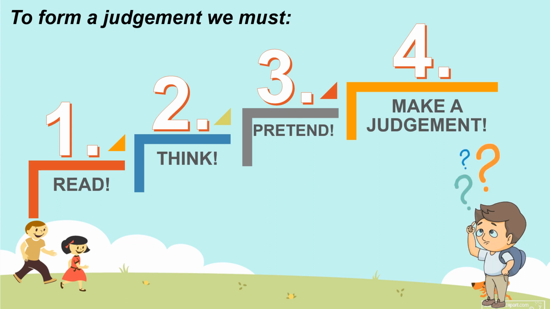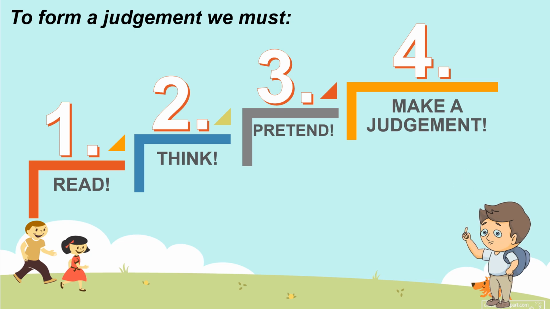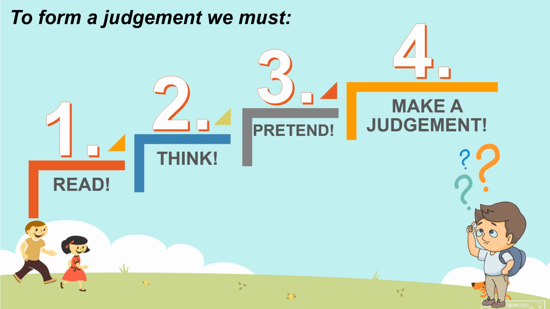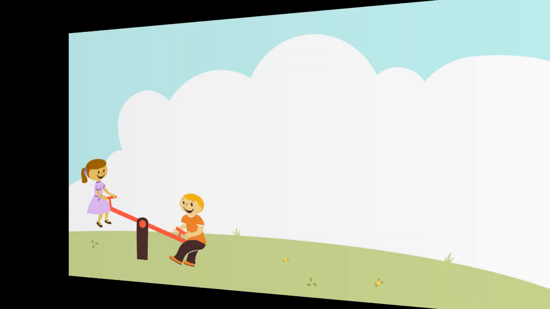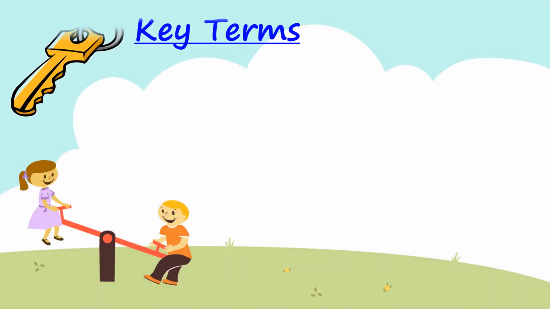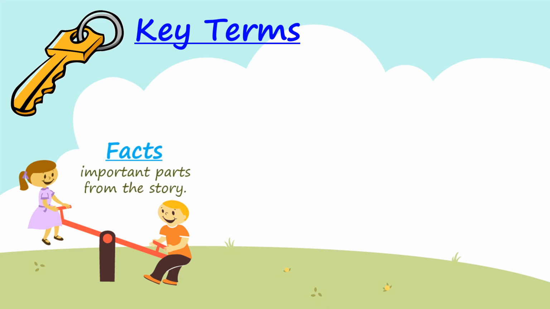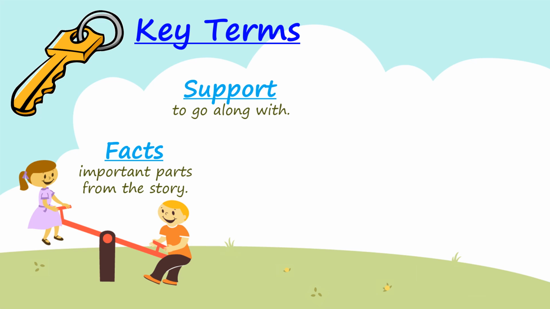With our recap all done, let's take a look at the key words associated with making judgments. Here are some key terms that you'll hear whenever you talk about making judgments. Facts. These are important parts from the story. Support.